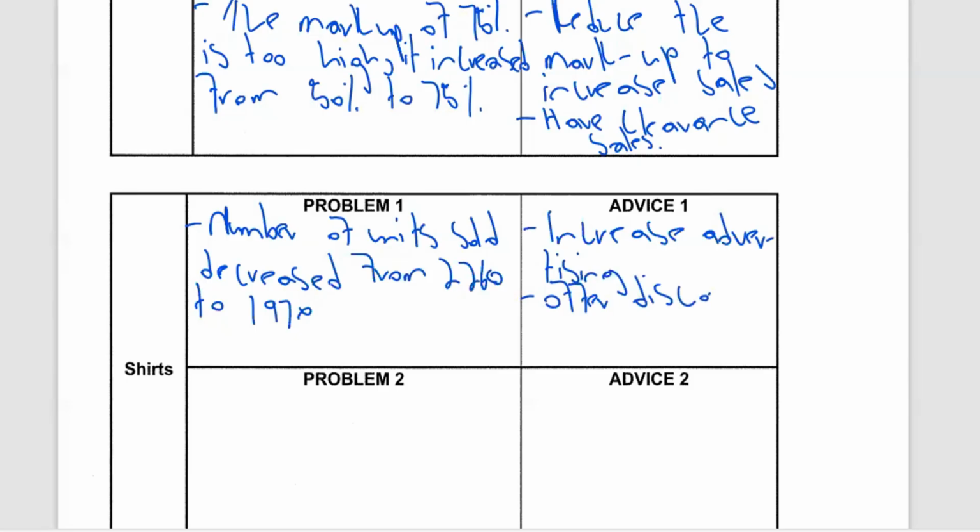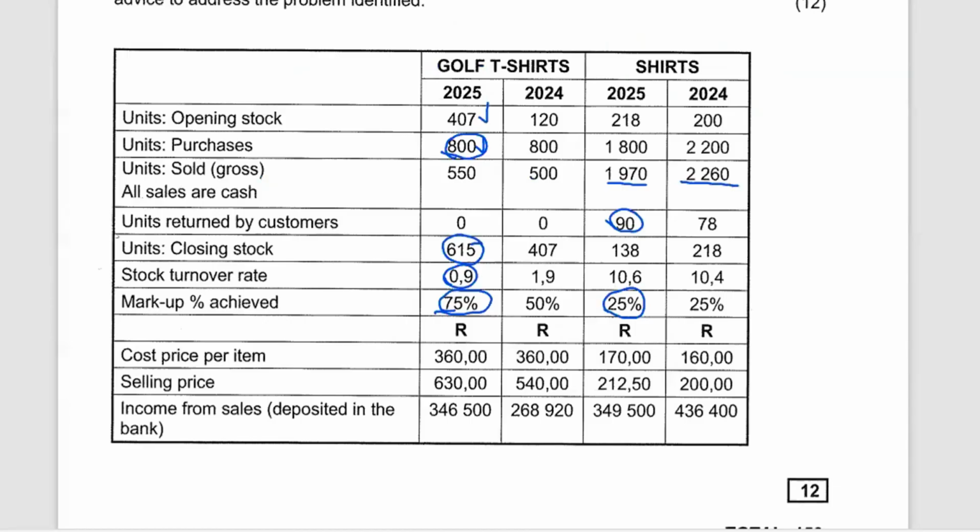When they buy in bulk, we offer them discount. Then problem number 2 that you can quote is the returns. Look at the returns. The returns increase from 78 to 90.